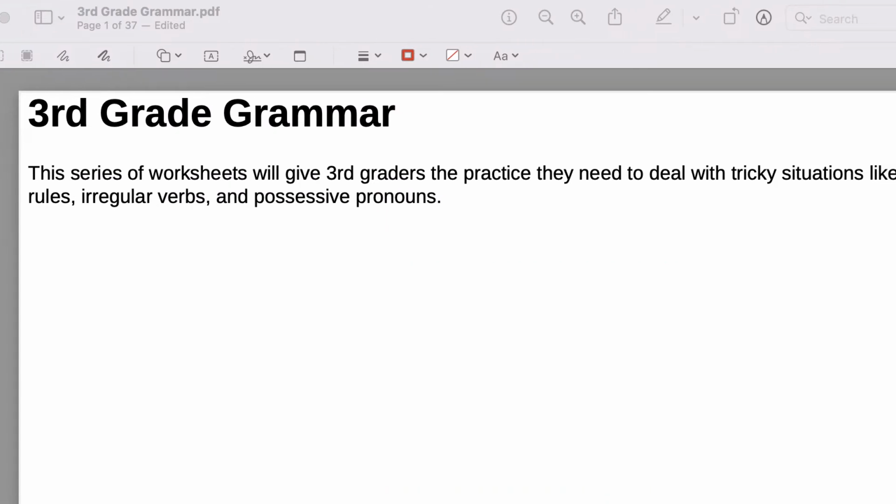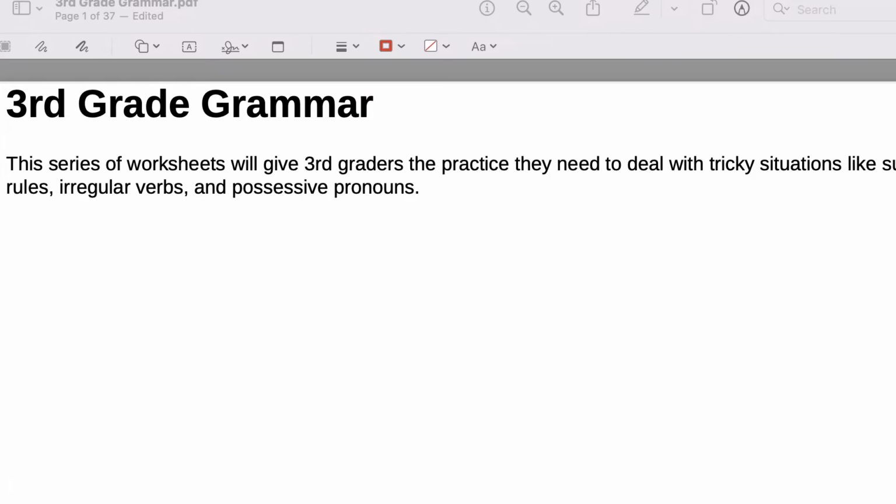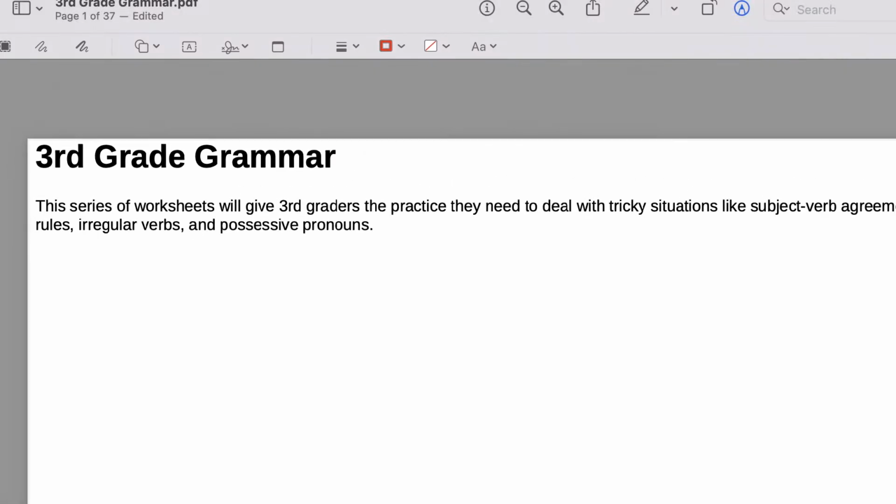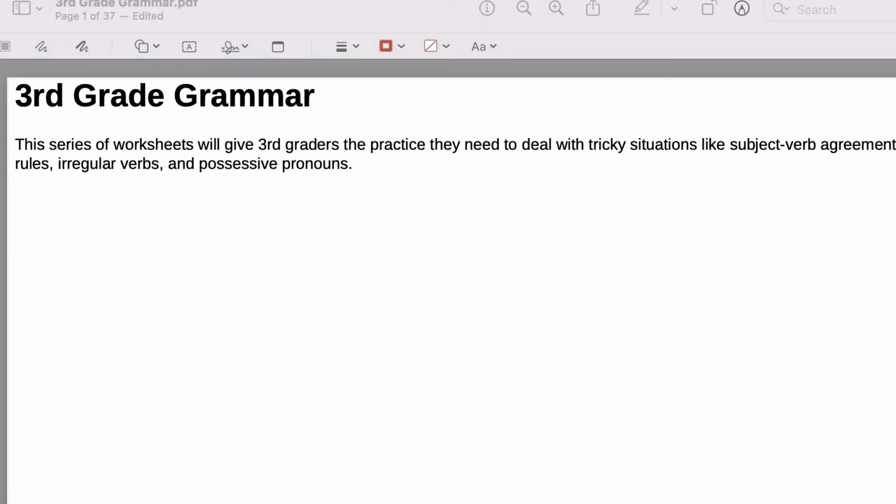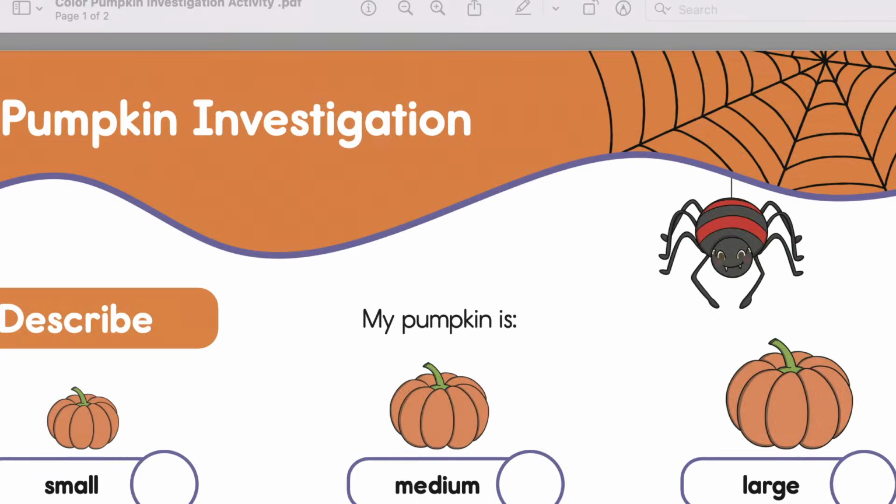I want to do this third grade grammar. There's a lot of stuff we've already done here, but before that, let's look at this for a second.